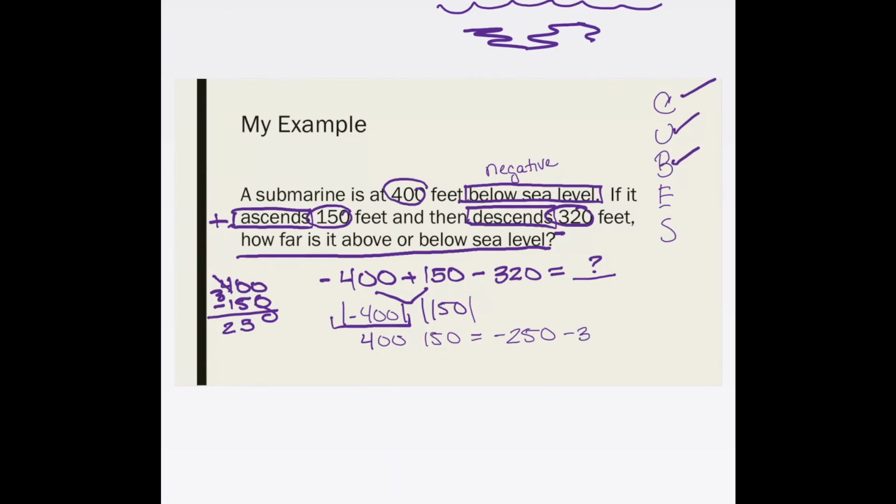And then I'm going to bring down my minus 320. Well, now we're in an LCO situation, right? So I'm going to LCO. I'm going to leave negative 250. I'm going to change the minus to a plus sign. And the opposite of 320 is negative 320.